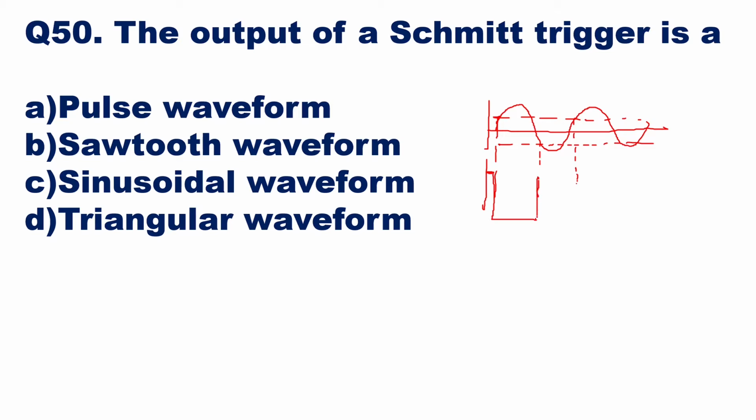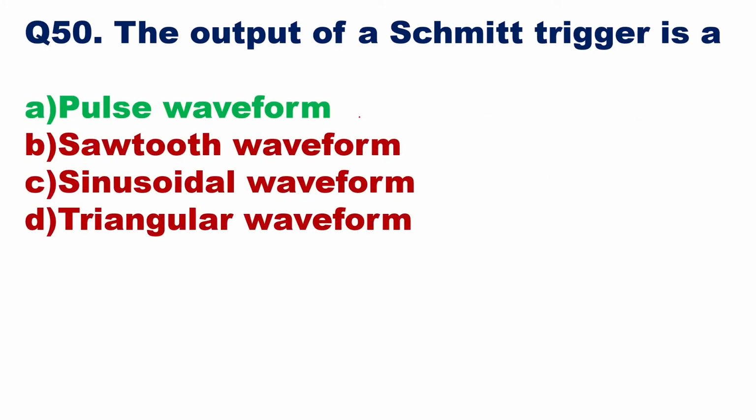Again here you come, you go to positive saturation level. Again you come here, you go to negative saturation level, and this goes on. This type of output for Schmitt trigger looks like a square wave, or a pulse waveform. So you can call it option A, pulse waveform, because it is not sawtooth, not sinusoidal, not triangular. The output of a Schmitt trigger is a pulse waveform.